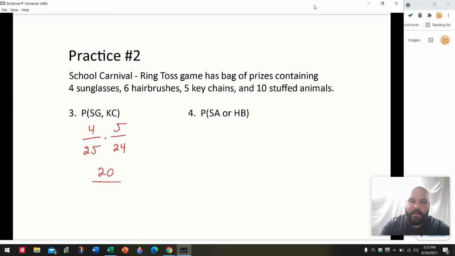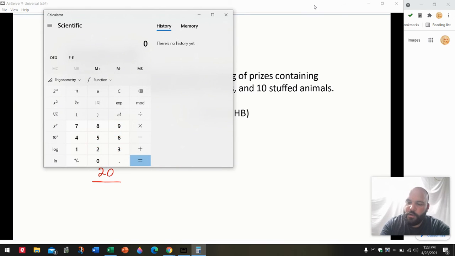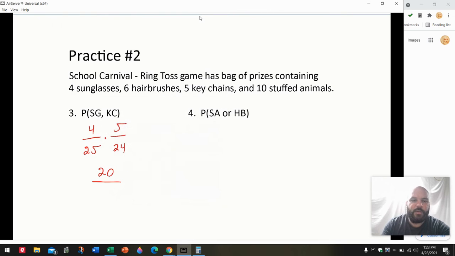And then on the bottom, you have 25 times 24, which we can do right here on my calculator. And you can see we get 600. So we end up with 20 over 600. Those are both divisible by 20, which means you get 1 over 30. And that is your probability of randomly picking a pair of sunglasses and then randomly picking a keychain after that.